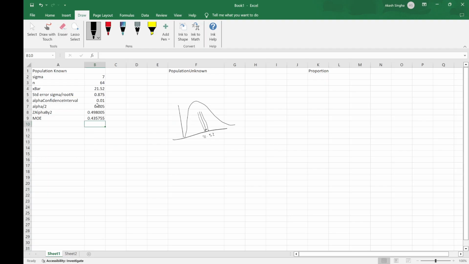Okay, sorry. Alpha by 2. What is alpha by 2? Alpha by 2 is a percentage, which is a probability proportion. So for a probability, we need to do the inverse. This is a thing which people can get confused about.